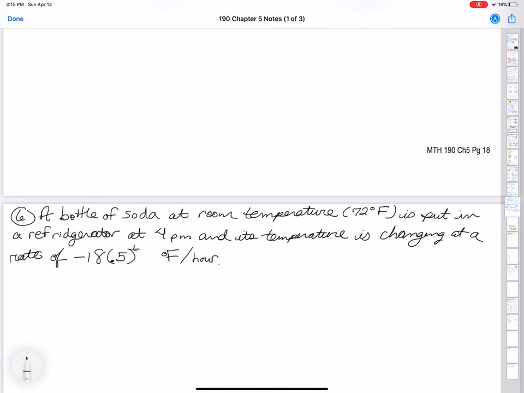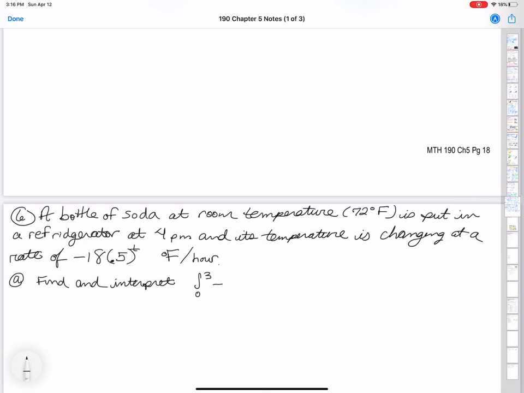And so the first thing I want us to do is part A. I want us to find and interpret. And once we do that, then we could use this to answer other similar questions.